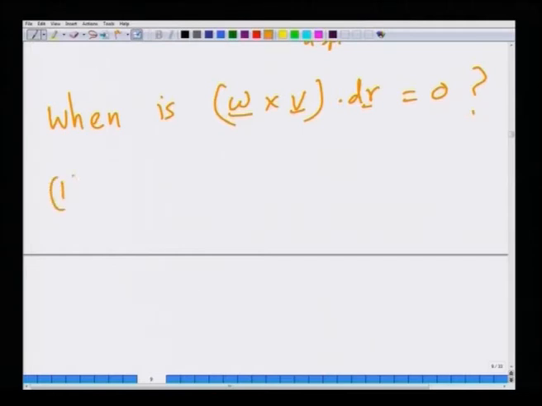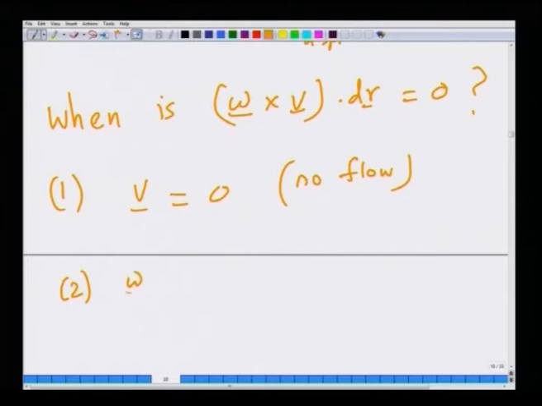The first thing you will say is, well, when V is 0 and there is no flow, that is a trivial case. So, we will not discuss this. Secondly, when omega is 0, such flows when the curl of velocity is 0 are called irrotational flows, because omega tells you how much circulation there is in a flow field, that is how much fluid rotation there is about a given point.